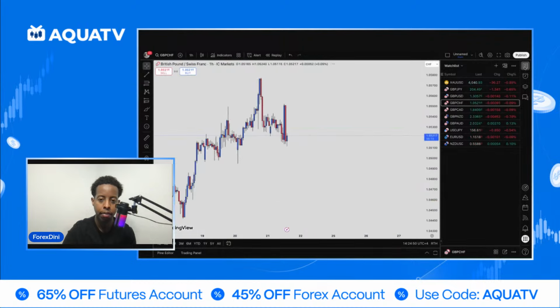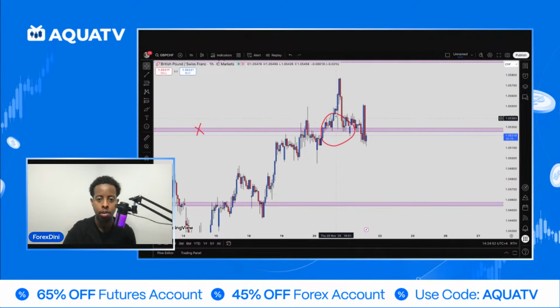Next up, we have pound Swiss. All right, pound Swiss currently just below that resistance level. So I think a level to look at for pound Swiss is a close below 1.05119.